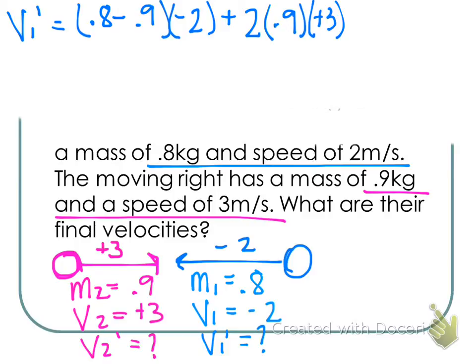Okay, do we see where these numbers are coming from? Match the equation that you have, hopefully. All of that's going to be over m1 plus m2. Okay, any questions about where these numbers came from? Okay, let's go ahead and plug that in.